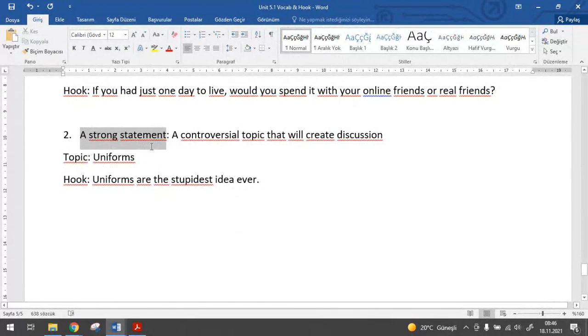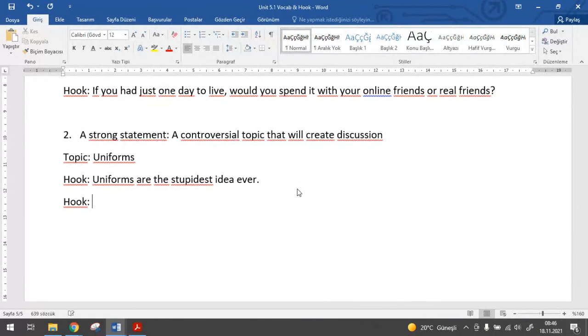Can you give me one more strong statement about uniforms or about another topic? A strong statement can include the word must, for example.